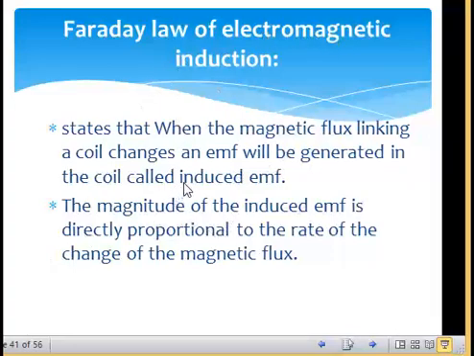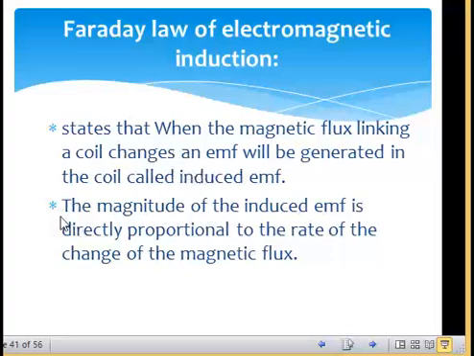Faraday's law states that when the magnetic flux linking a coil changes, an EMF will be generated in the coil, and this EMF is called induced EMF. This is Faraday's first law.